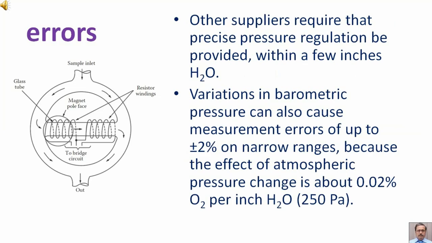Other suppliers require that precise pressure regulation be provided within a few inches of water. Variations in barometric pressure can also cause measurement errors of up to ±2% on narrow ranges, because the effect of atmospheric pressure change is about 0.02% oxygen per inch of water, that is 250 Pascal.